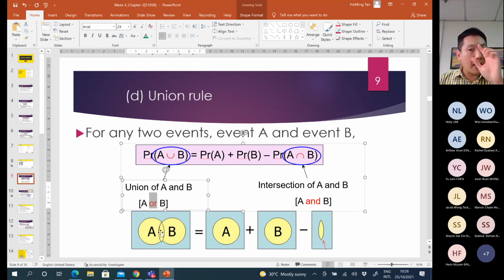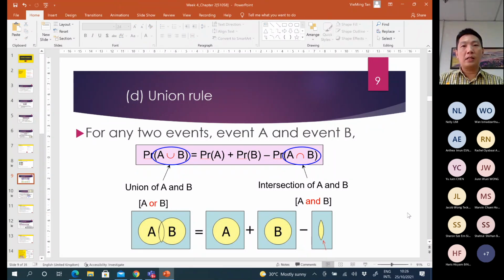So we need to exclude one part of this, because it's overlap, it should not be double calculated. So this is the formula that you need to remember. Probability A union B is equal to probability A plus probability B minus probability A intersect B. We call this the union rule.